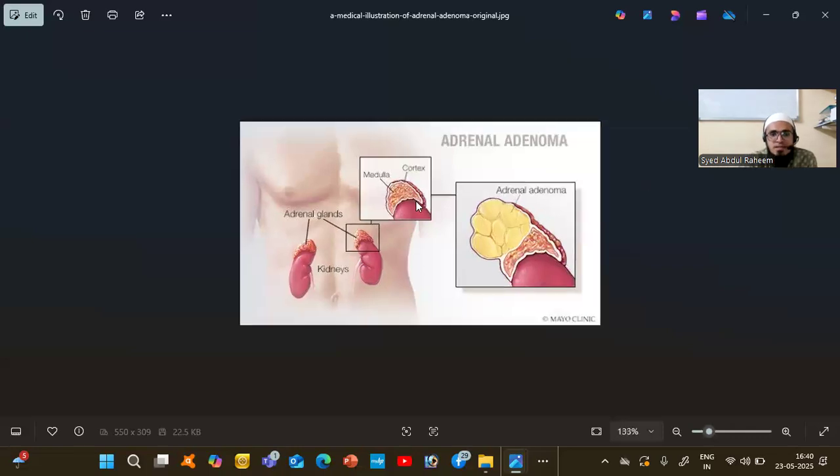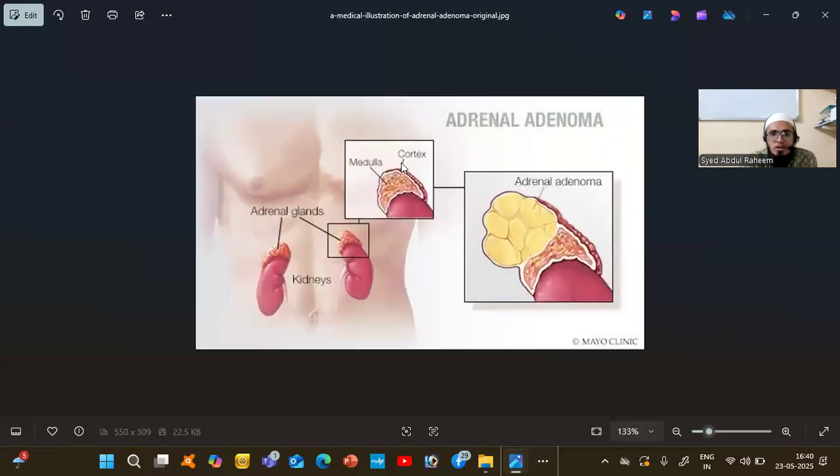You can see in this image, outer cortex, inner medulla. It will develop numerous hormones, epinephrine, norepinephrine, testosterone, etc. The outer cortex will produce some hormones, and the medulla will produce some hormones.